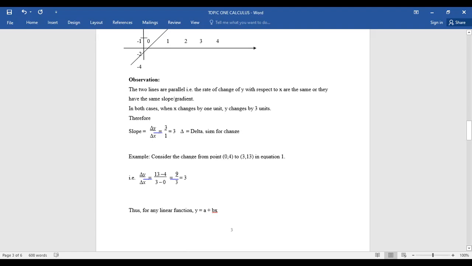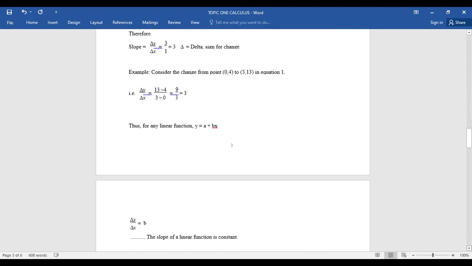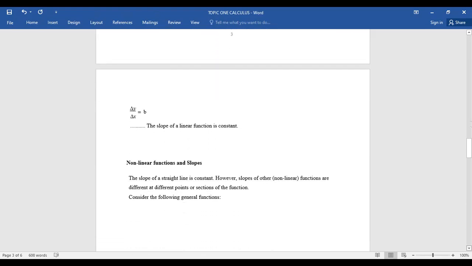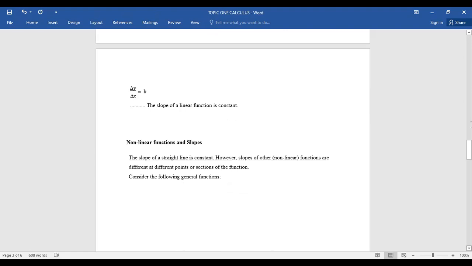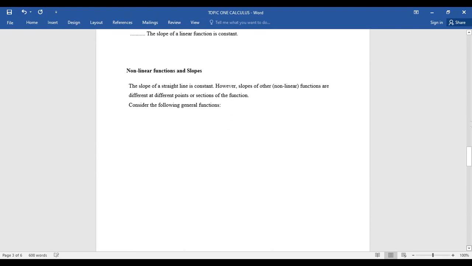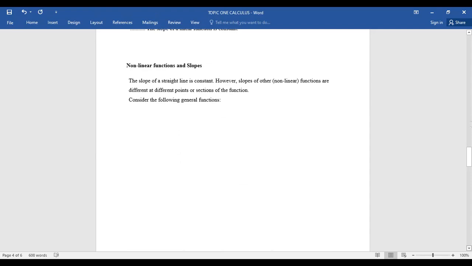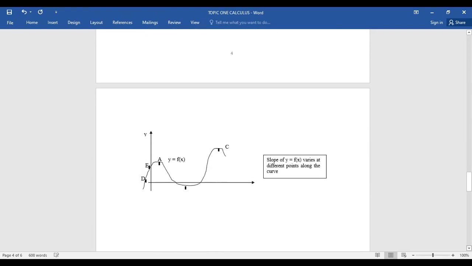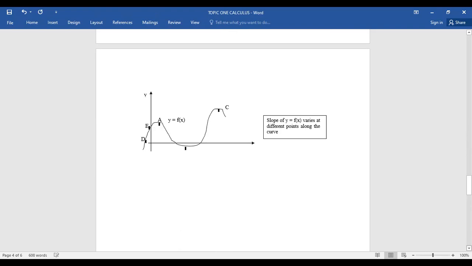That is for the straight line. So we are looking at the rate of change of a straight line. Now, when we come to the nonlinear functions, I want to illustrate. For the straight line, it is very easy. But if I was to give you such a scenario, you can see what we have.